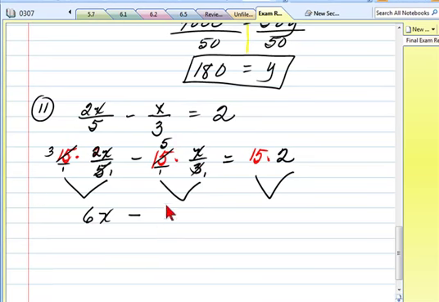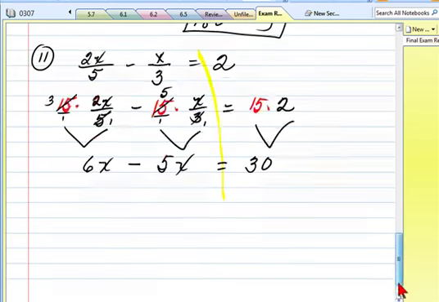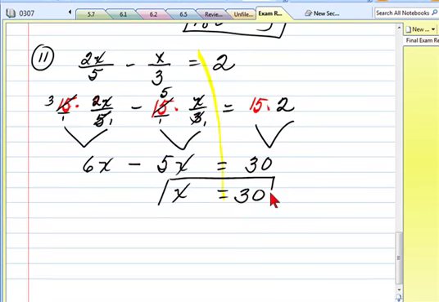I have 5 times x for minus 5x. I have an equal sign. There aren't any fractions on the right-hand side, so I just multiply for 30. On the left side, I'm going to simplify. 6x minus 5x is x equals 30. Problem done.